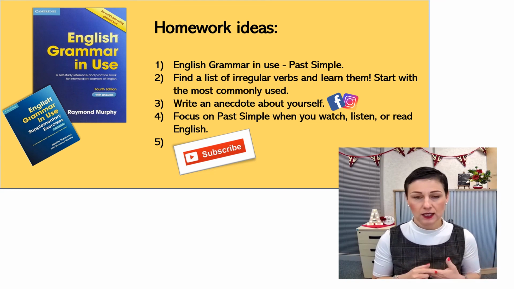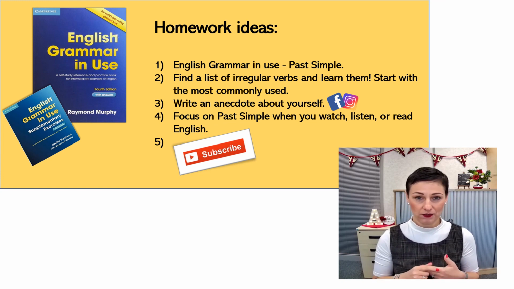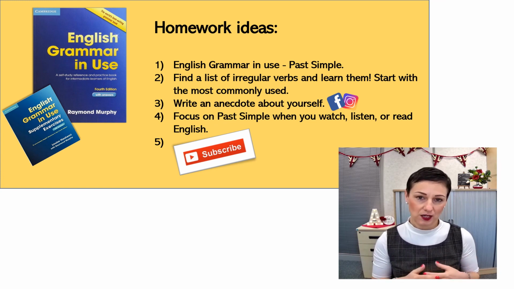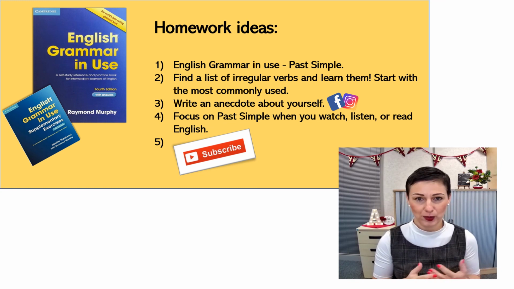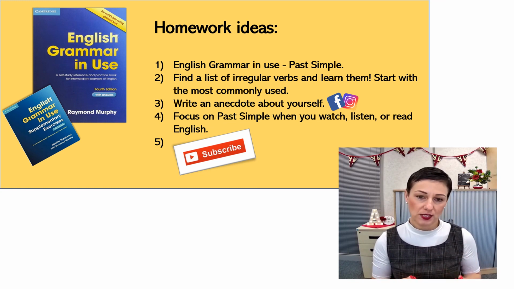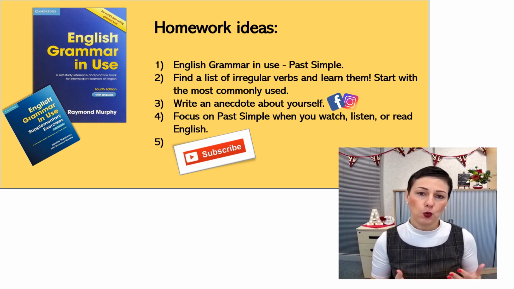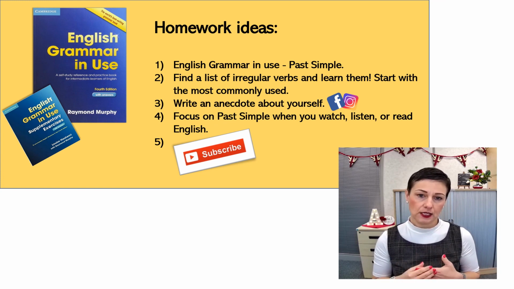Number 3, write a short anecdote about yourself and you can share it with us on my Facebook page. Number 4, expose yourself to English regularly. So every day about 10-15 minutes and focus on past tense, on the forms, pronunciation, spelling when you watch, listen or read.